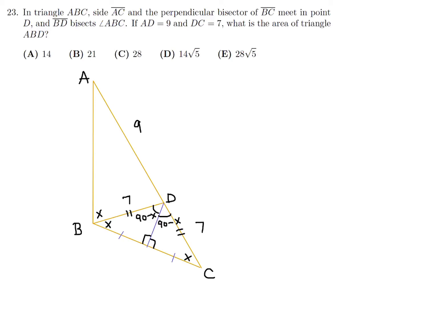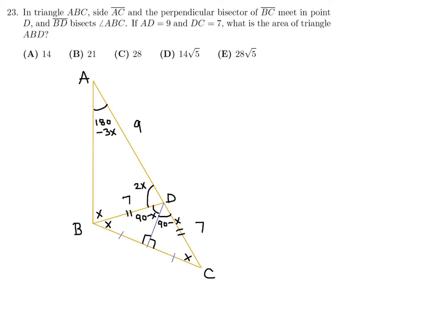And therefore, since all the angles about a line are equal to 180, this will be 2x. Okay? Because 2x plus 90 minus x plus 90 minus x is equal to 180. And then finally, this angle is going to be 180 minus 3x. All right? So that completes the labeling of this very important diagram.